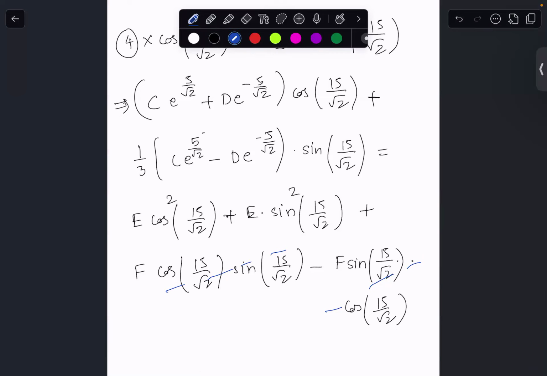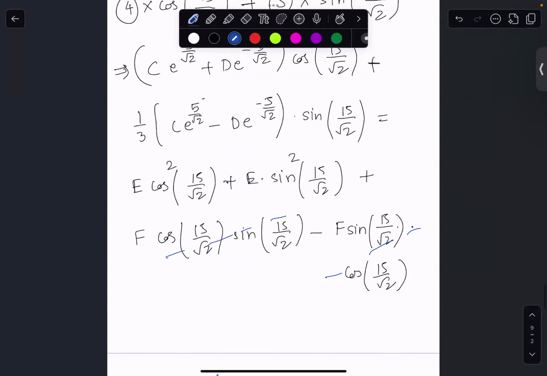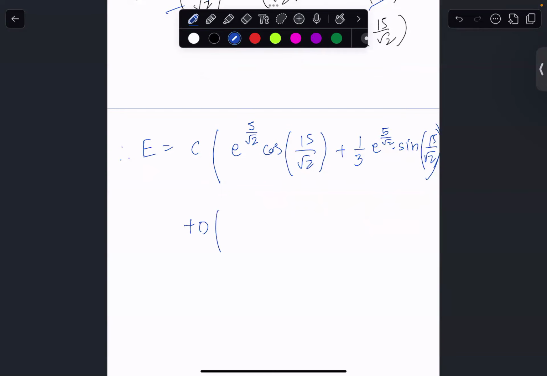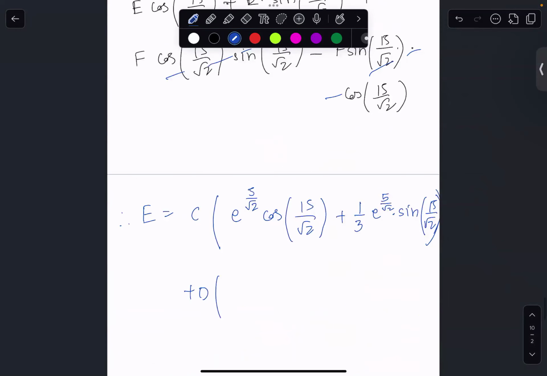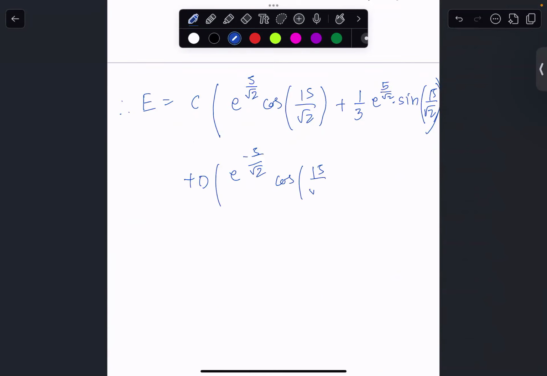Let's just rewrite that down. So we have c times e to the power 5 upon square root of 2 cos of 15 upon square root of 2 plus 1/3 e to the power 5 upon square root of 2 times sine of 15 upon square root of 2 plus d e to the power minus 5 upon square root of 2 cos of 15 upon square root of 2 minus 1/3 minus 5 upon square root of 2 sine of 15 upon square root of 2.